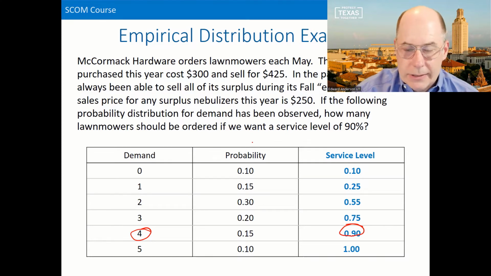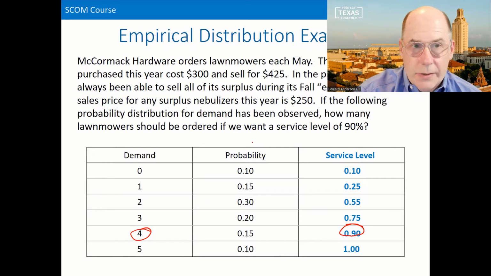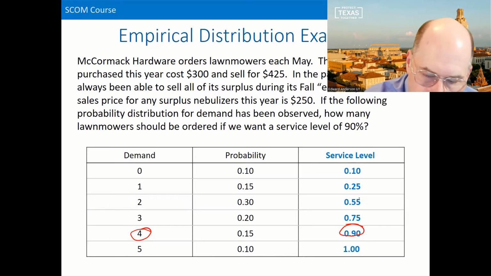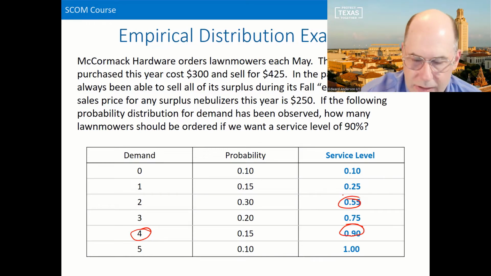Now, what's the service level of 50%? We'd have a 50-50 chance of satisfying customers. Well, there is no 50% here, but 0.55 is close. It's close enough for our purposes, given that we only have a choice between 1, 2, or 3, for example.